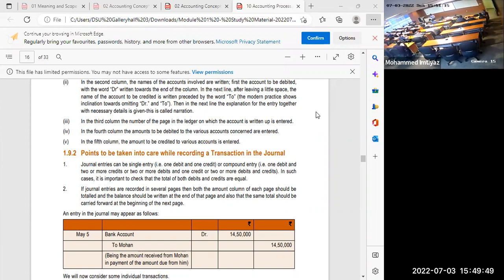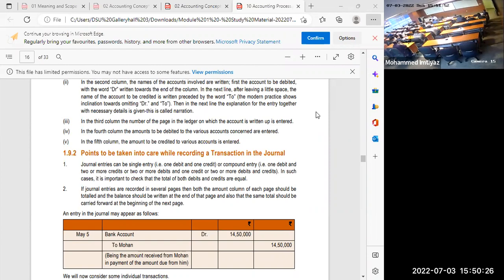So write it. Cash account debit 5 lakhs, to A's capital account 2.5 lakhs, again to B's capital account 2.5 lakhs. Being business started by A and B with cash.